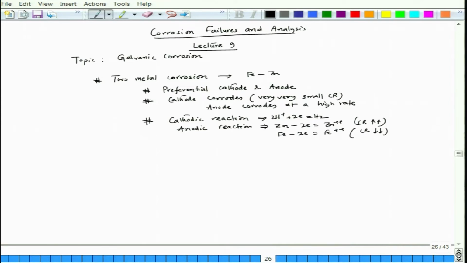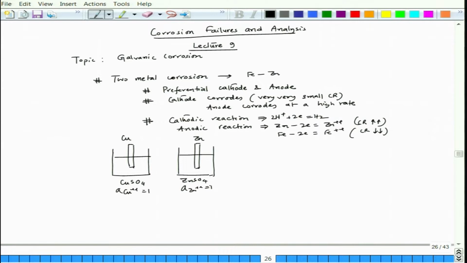Now, interestingly, consider a situation like the Daniell cell, where at one end copper is dipped in copper sulphate and the copper ion activity is maintained at 1, and at another end we have zinc dipped in zinc sulphate, and the activity of zinc ion is maintained at 1.